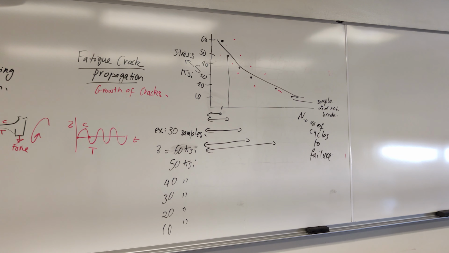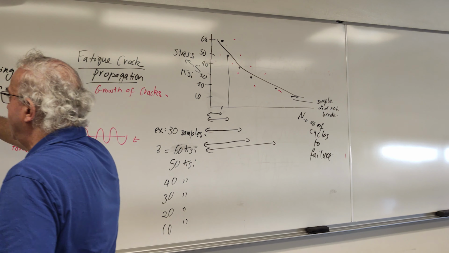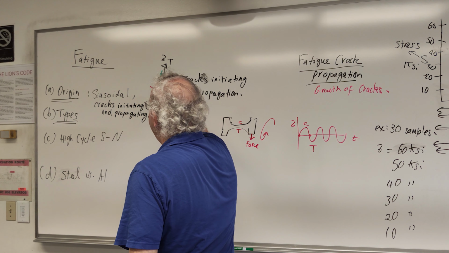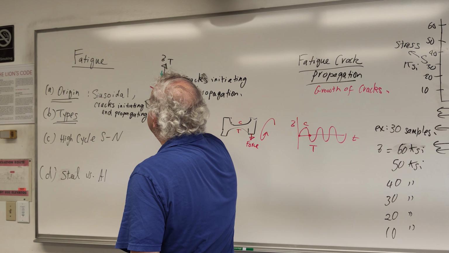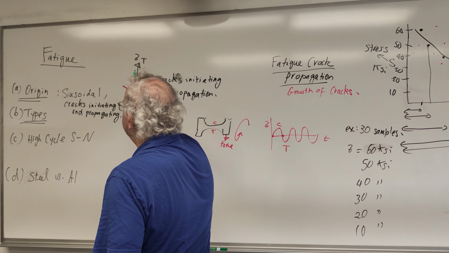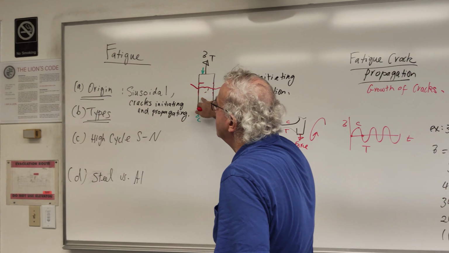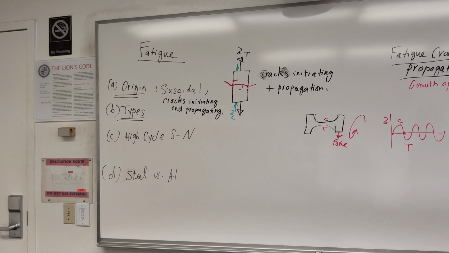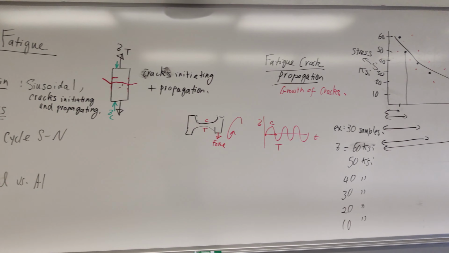The reason is that with the same stress and 3 samples, in one sample the crack initiated at the surface, in another it initiated in the interior. So that's why I'm going to have a little variation.